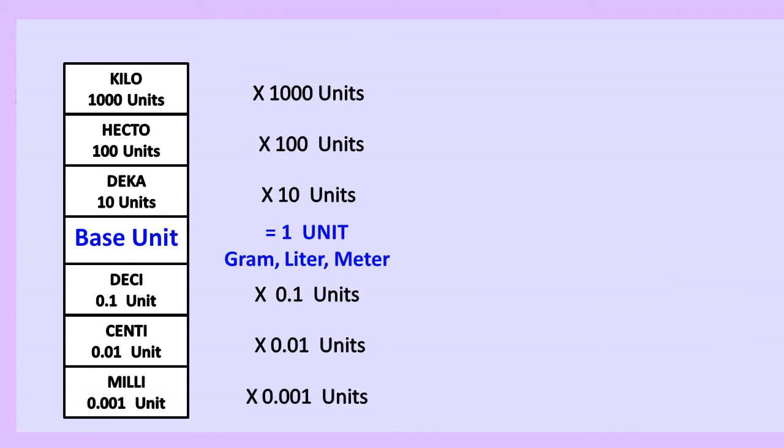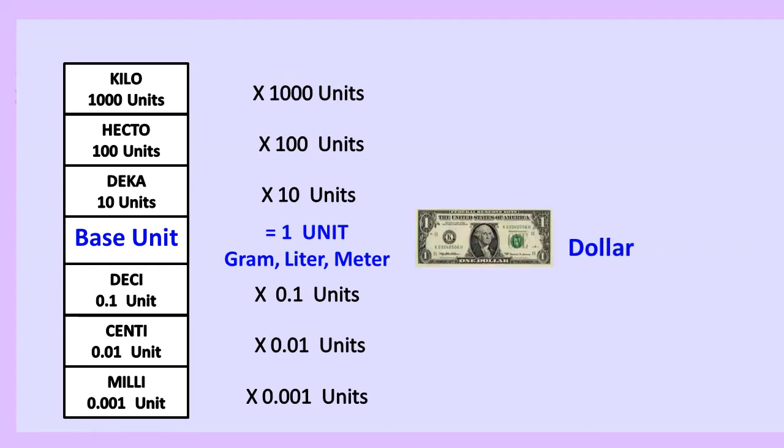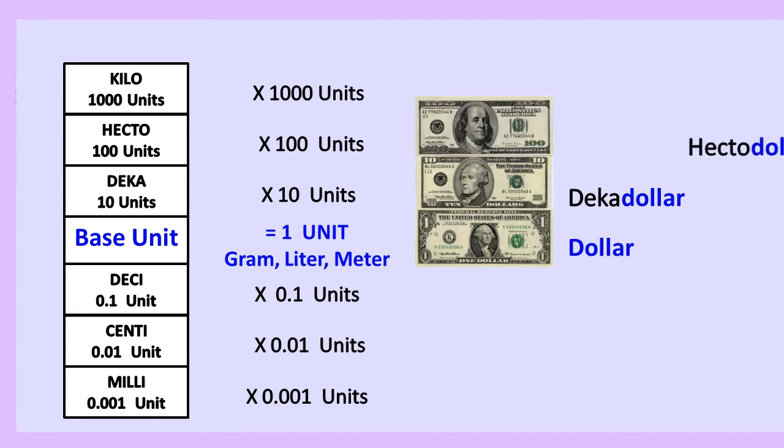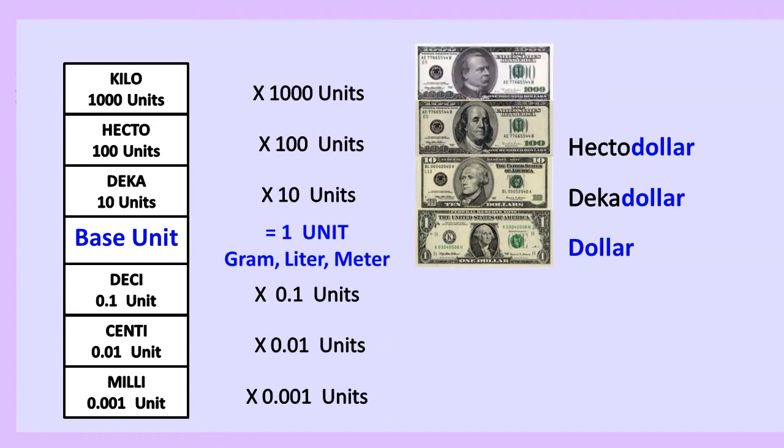To put this in perspective, if our monetary system was named like the metric system, our base unit would be the dollar. A $10 bill would be called a decadollar because it equals 10 units. A $100 bill would be a hectodollar. $1,000 would be a kilodollar.